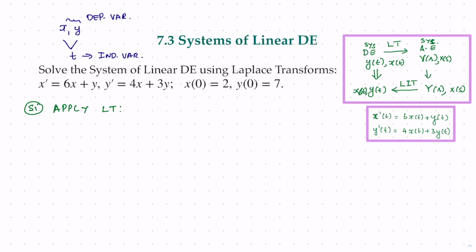Then this is going to become L of x prime is equal to L of 6x plus y, and I'm also going to have L of y prime is equal to L of 4x plus 3y.